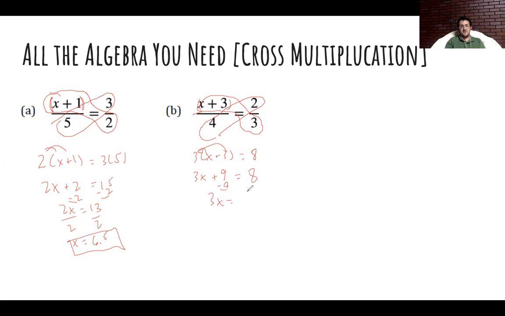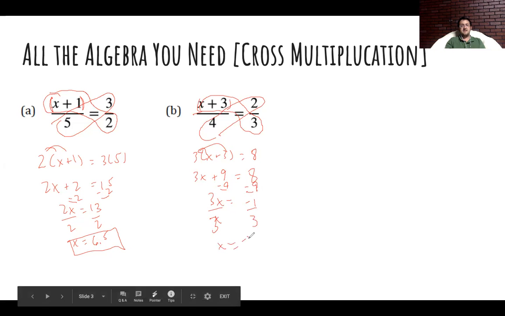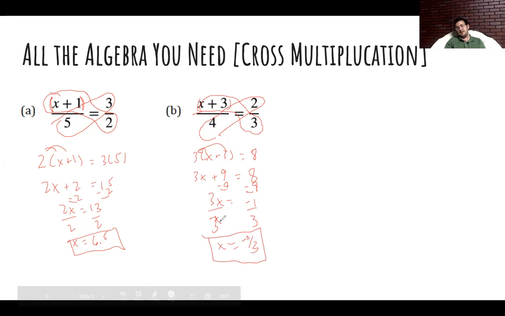Subtract 9 from both sides. I get that that's -1. And then divide both sides by 3. So x is equal to -1/3. So sometimes it is okay to get that fractional answer, and that's fine.